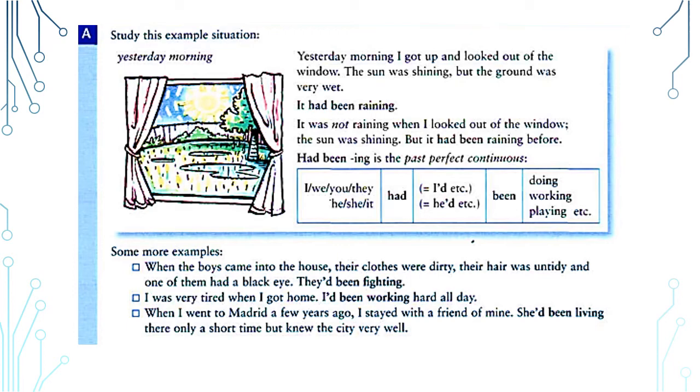When the boys came into the house, their clothes were dirty. Their hair was untidy, and one of them had a black eye. They had been fighting. They had been fighting before they arrived.